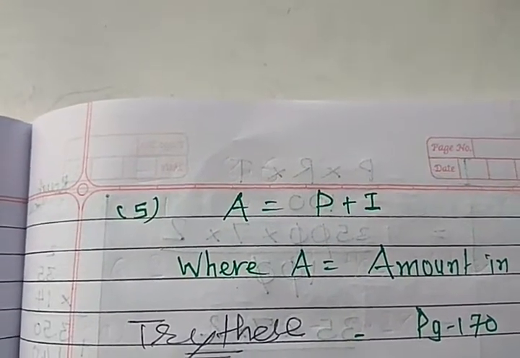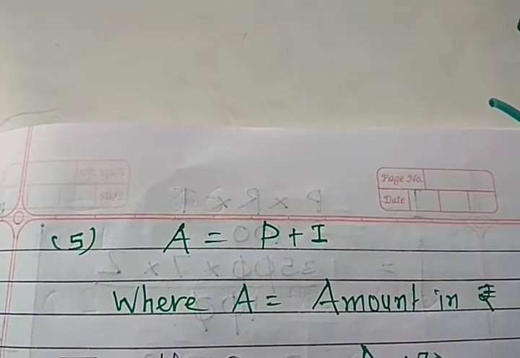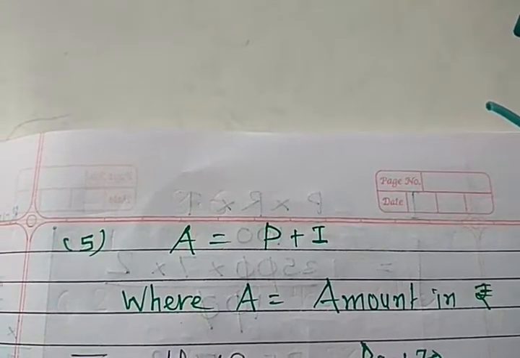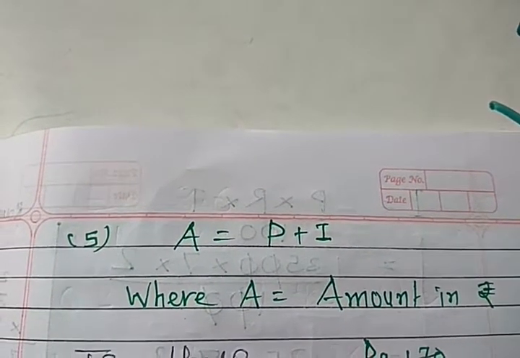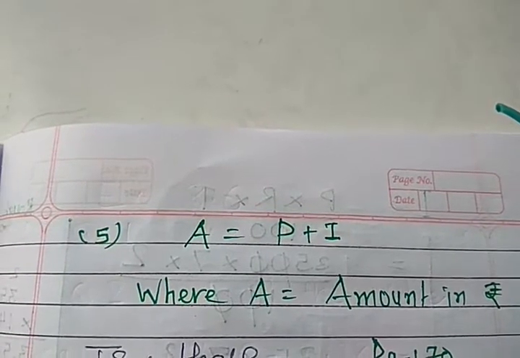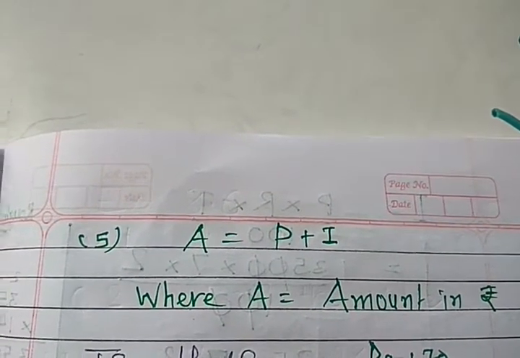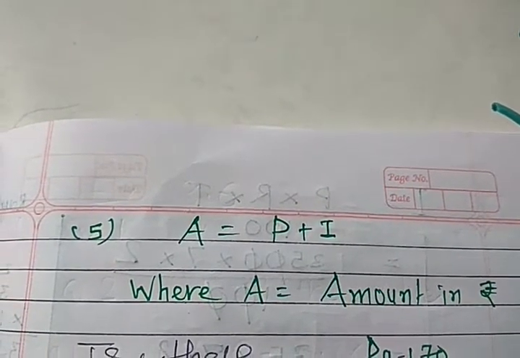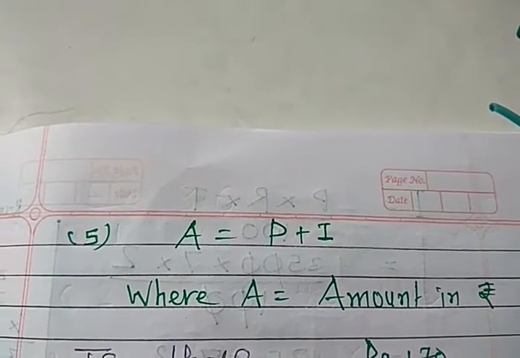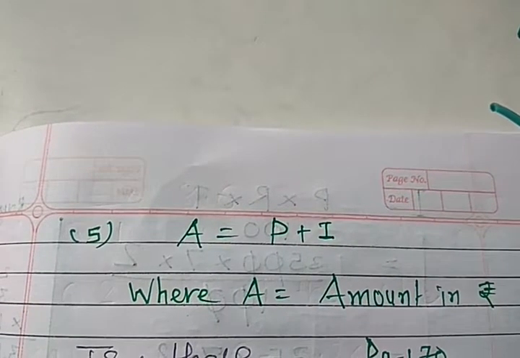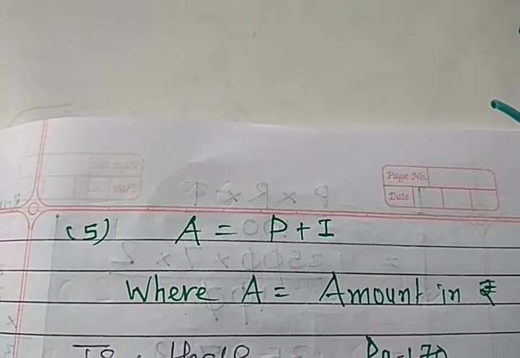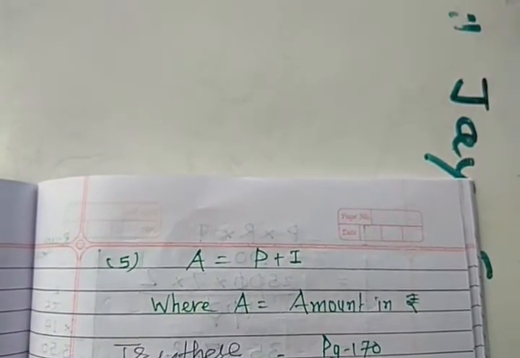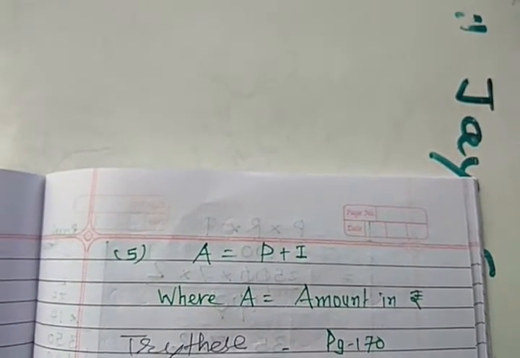Students, do you know about simple interest? When you put money in the bank, the bank will give you interest. Suppose you put 10,000 rupees for 1 year, and the bank gives you 2% interest. 10,000 of 2% is equal to 200 rupees.